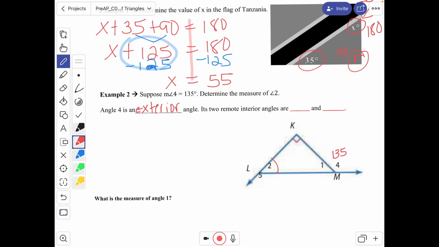And the two remote interior angles, the ones remote mean the ones far away. Think about your remote for your television. It's used for working your television all the way across the room. So the two remote angles are those two. That would be angle 2 and angle K.